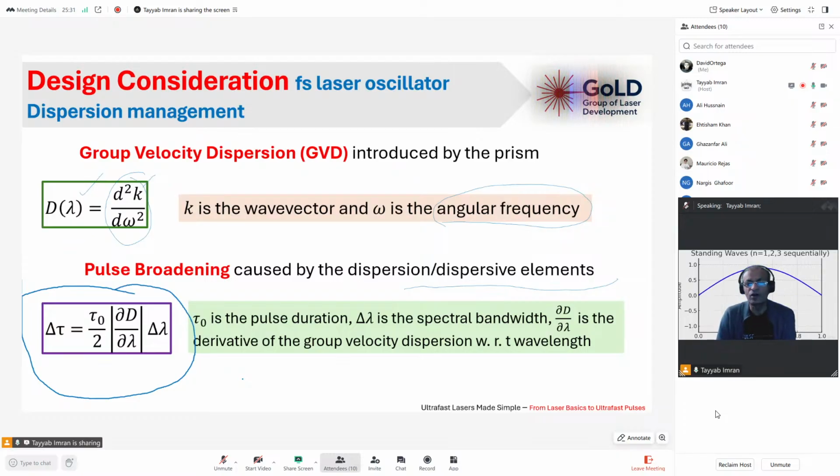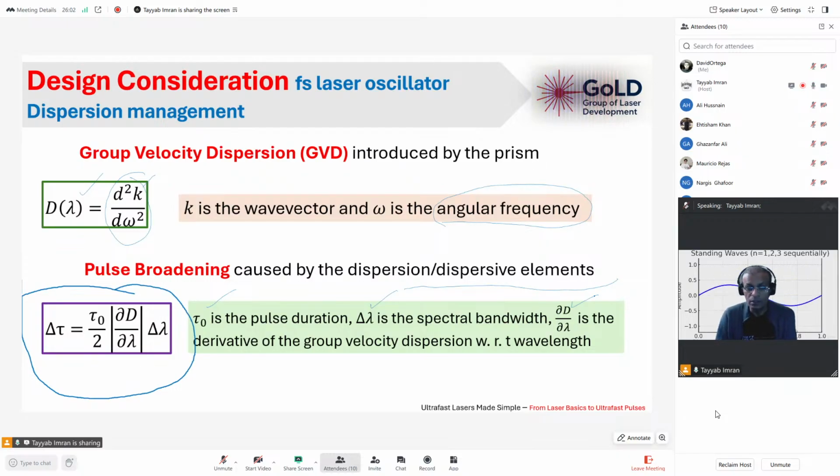So obviously tau naught is the pulse duration, and delta lambda is obviously the spectral bandwidth. And this term, this differential, is a derivative of the group velocity dispersion with respect to wavelength, where omega is the angular frequency and this one is wavelength.